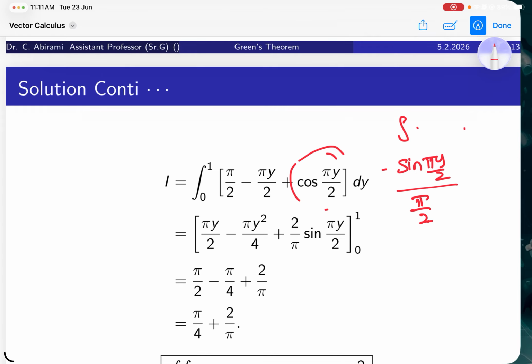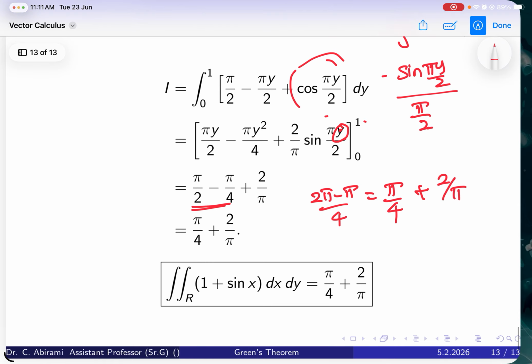Now you can apply the limits. If I apply the limit y equal to 1, sine 90 is 1, and for the lower limit y equal to 0, sine 0 is 0. So pi by 2 minus pi by 4 plus 2 by pi. When you simplify this, you get pi by 4 plus 2 by pi. This is the final answer.